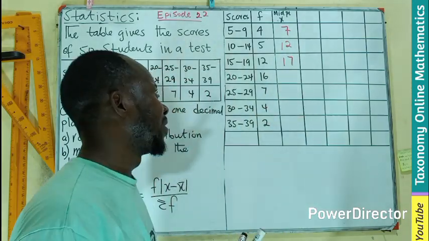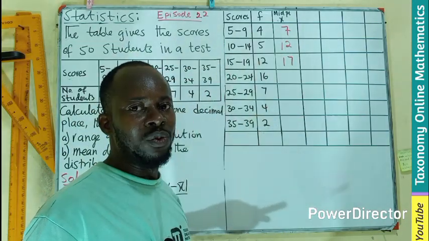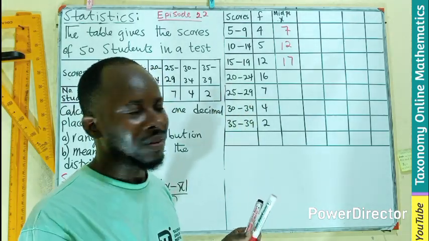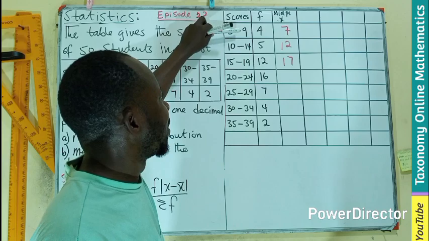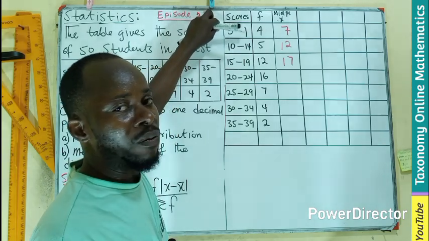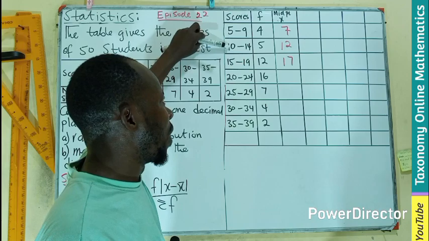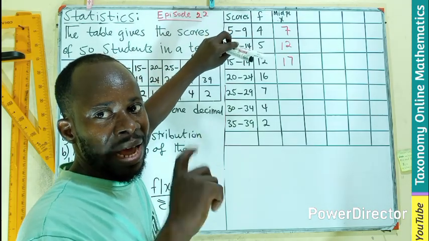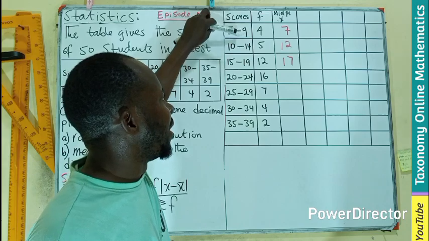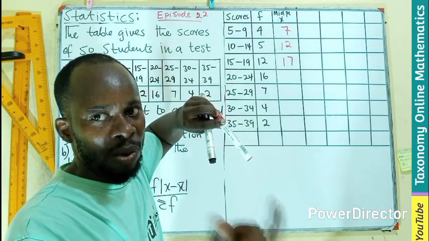Now, I can't find the remaining ones without just knowing what the class size is. The class size comes from the upper limit of one class and the lower limit of the next one; take half of that difference. From here to here, the difference is 1. Half of that is 0.5.